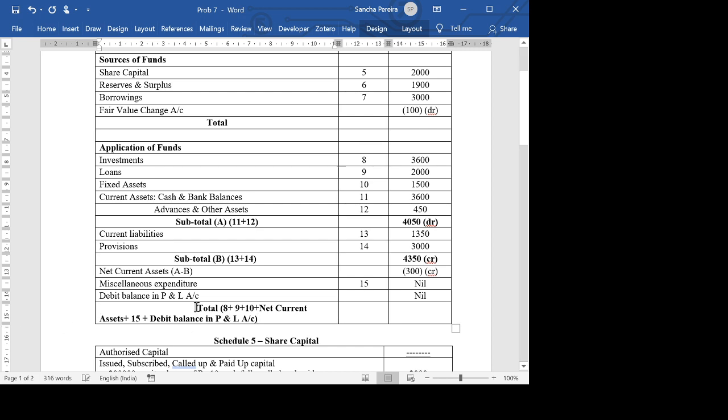I've just elaborated on this to make it a little more clear. You don't have to write all this. This is just so that you can understand it.